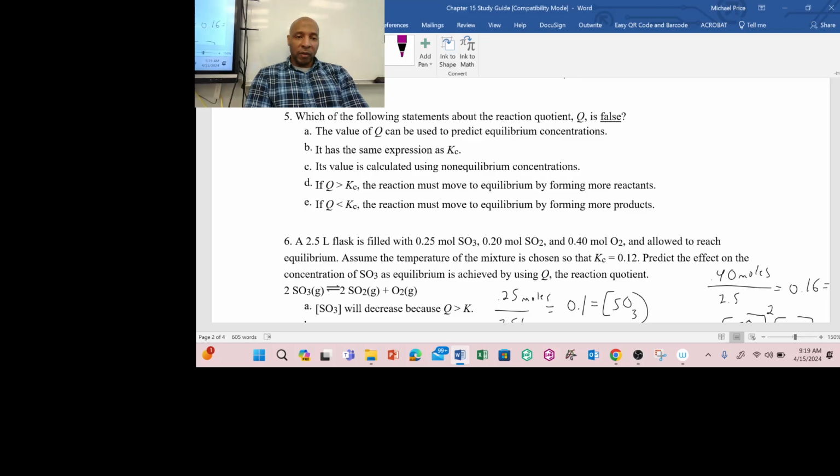So I know B is true and C is true. D, if the Q is greater than the Kc, the reaction must move to equilibrium by forming more reactants. Yeah, that's true too, right? D, if Q is less than Kc, the reaction must move to equilibrium by forming more products. That's true too, isn't it? Okay. So the answer is A. The value of Q can be used to predict equilibrium concentrations, right?